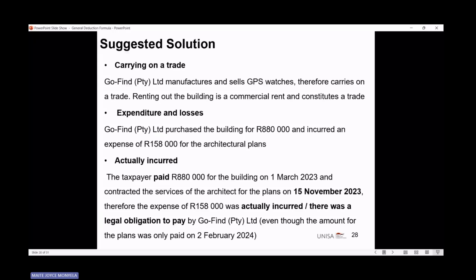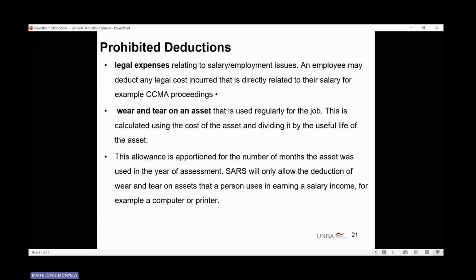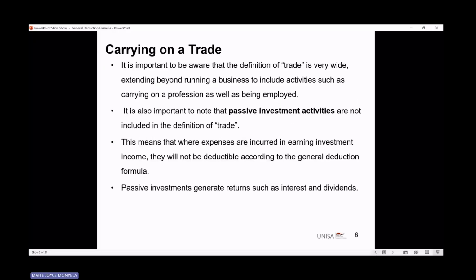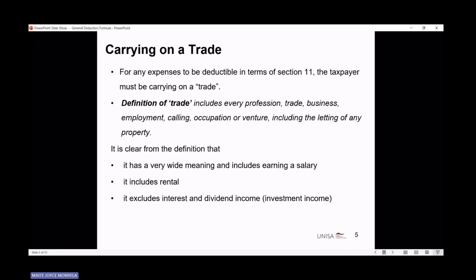And on the definition of trade, rental is also qualified as business. The definition of a trade also includes letting of any property, so it includes rental income.